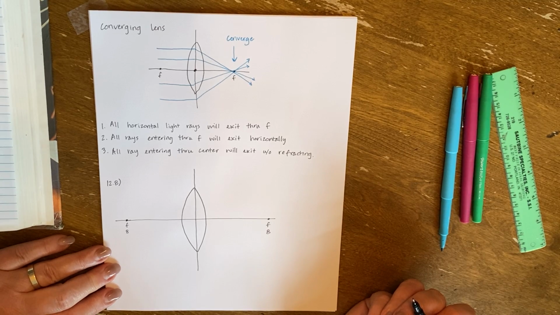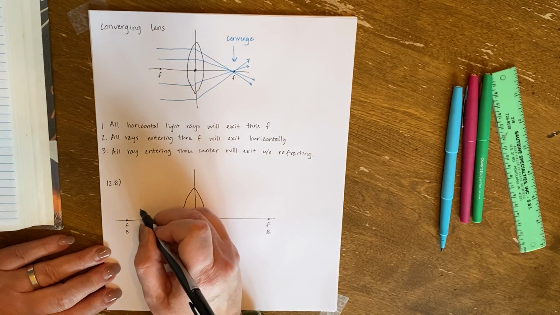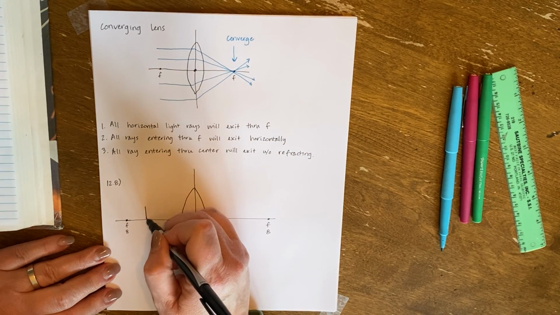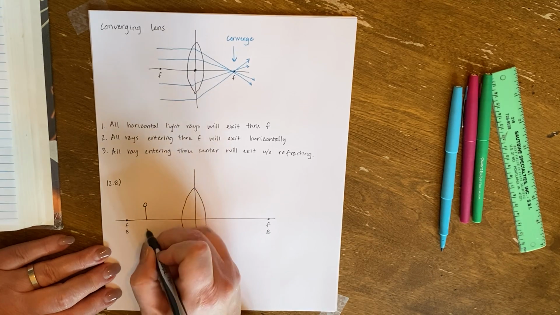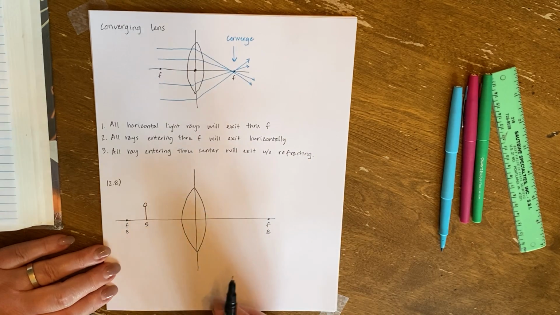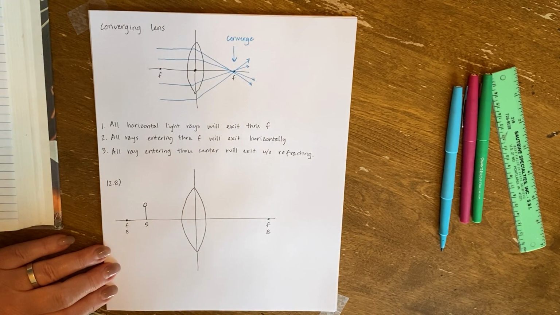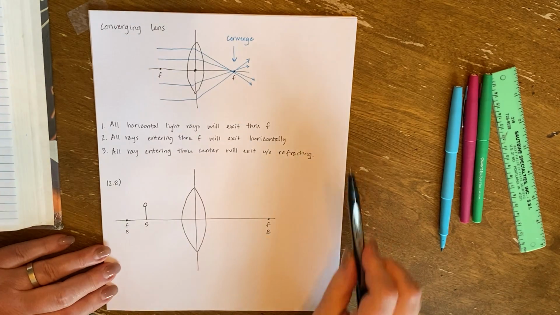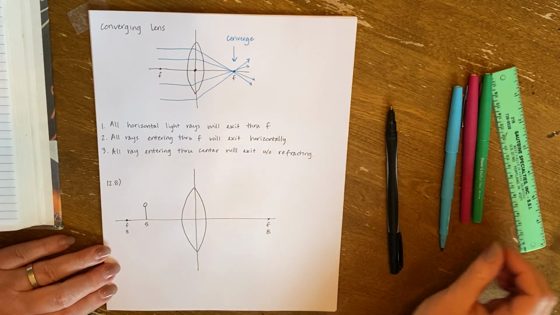If an observer looks through the lens at an object 5 centimeters from the lens, so we draw our person 5 centimeters away, how is this image going to appear? Is it going to be real or virtual, upright or inverted, magnified, reduced, or about the same size?